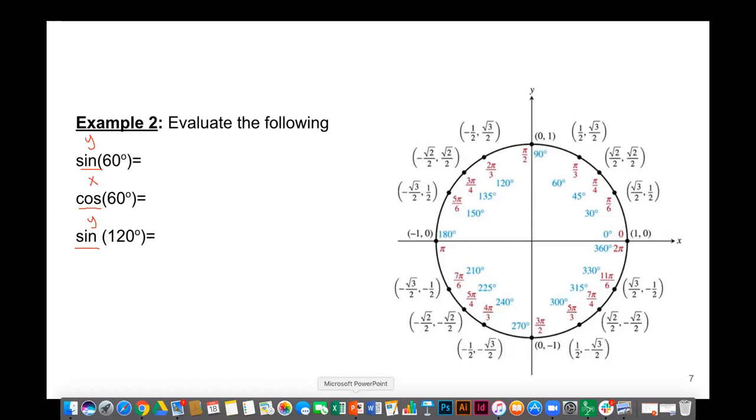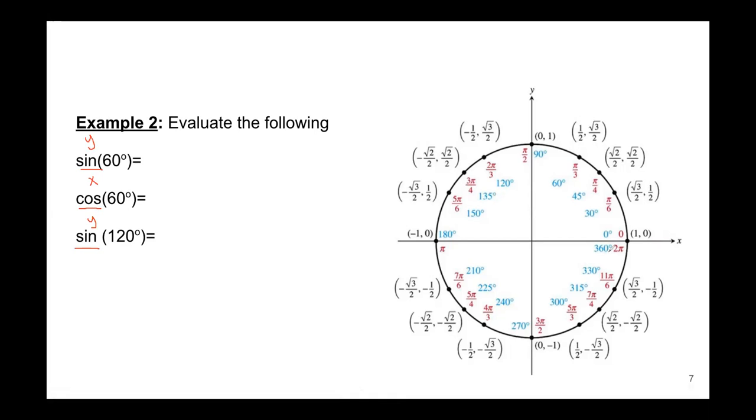After I've labeled whether I'm looking for x or y, I'm going to go ahead and find where 60 degrees is. 60 degrees I see is right here. It's in the first quadrant. I'm going to go ahead and circle its equivalent radian as well as its coordinate point. Next, in my mind, I like to label the x and the y coordinates.